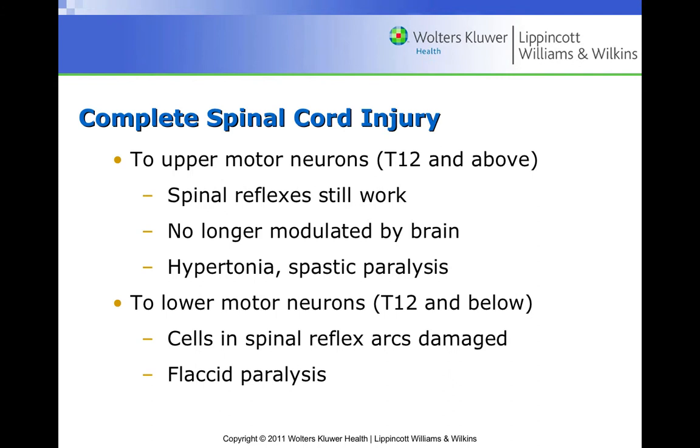And I will have the hypertonia or spastic paralysis that we've talked about. If I have injury to the lower motor neurons, so that's T12 and below, I get more of a flaccid paralysis. And this is where you see people wearing braces to support their flexion.